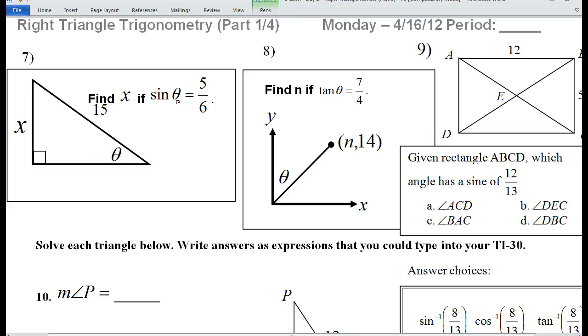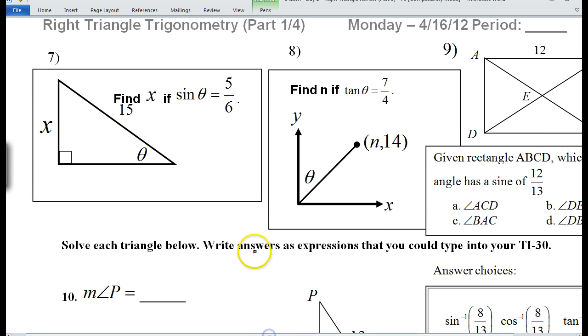So problem number 7 mentions the sine function. What is the definition of the sine function? Opposite over hypotenuse. Okay? Now look at this picture. Look at theta. Alright, looking at this angle, what is opposite and what is hypotenuse? X over 15. Opposite is x, the hypotenuse is 15.